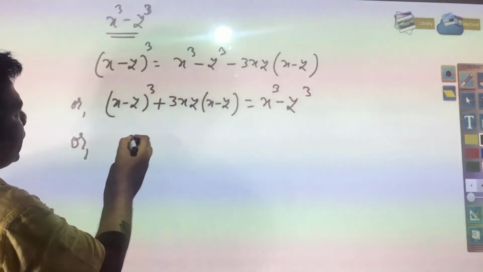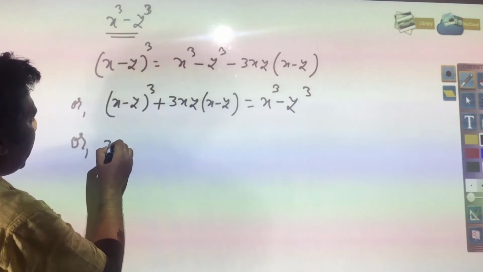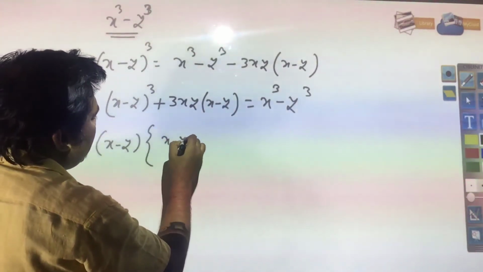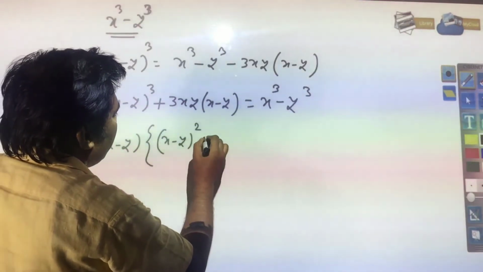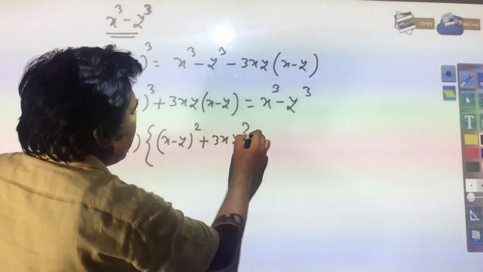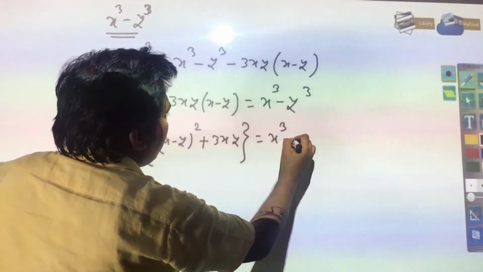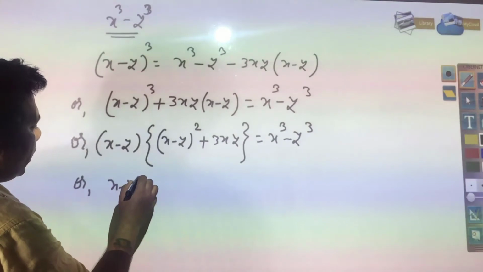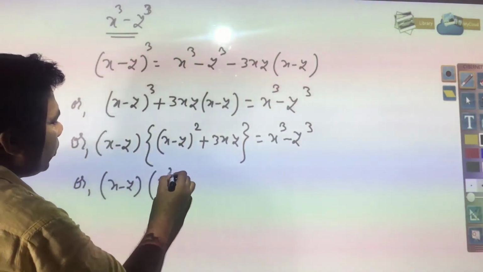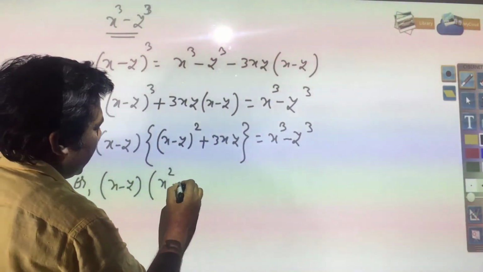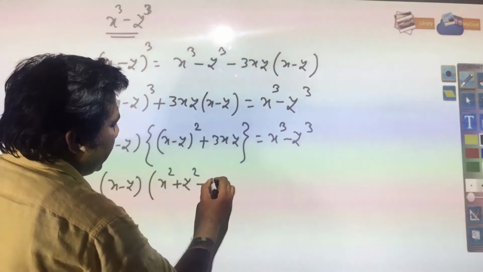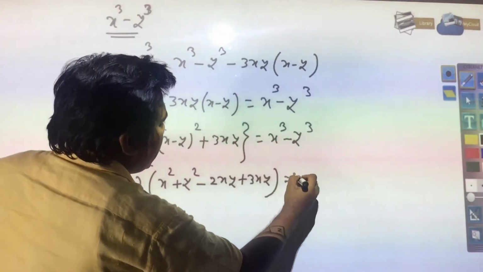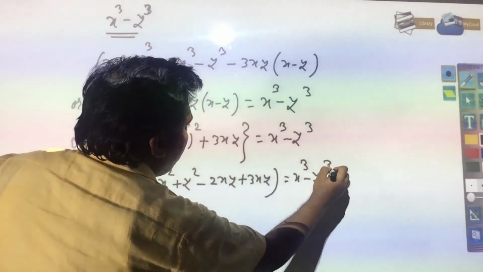Taking x minus y common, we will be left with x minus y whole square plus 3xy, which is x square plus y square minus 2xy plus 3xy, and that is equal to x cube minus y cube.